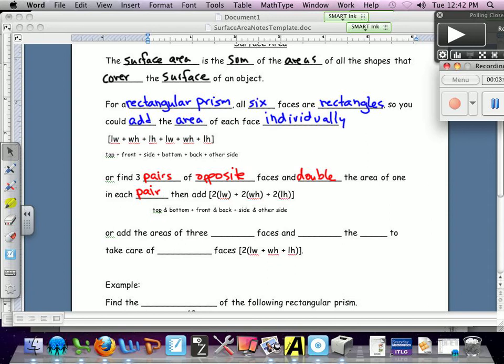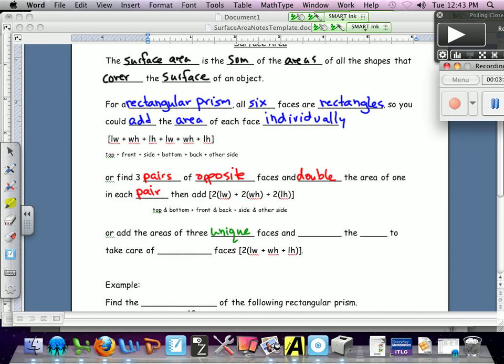And the other possible shortcut where you can use some doubling strategy would be to add the areas of 3 unique faces. It says unique faces, but in reality, if you have a square prism instead of a rectangular prism, more than 2 are going to be alike. We would have the 4 rectangles would all be alike, because we have a square, and then we have 4 rectangles that are all congruent.